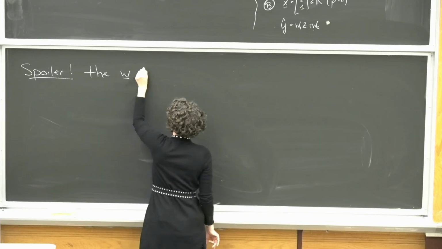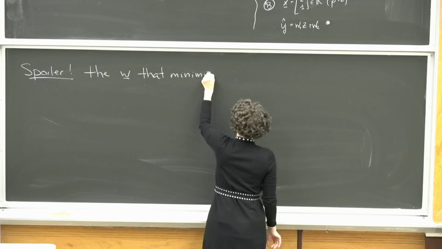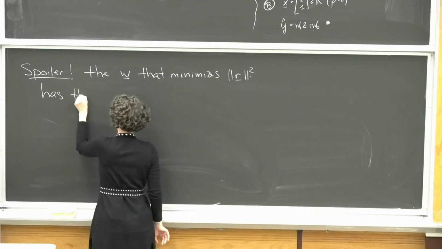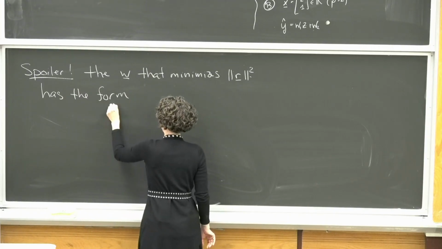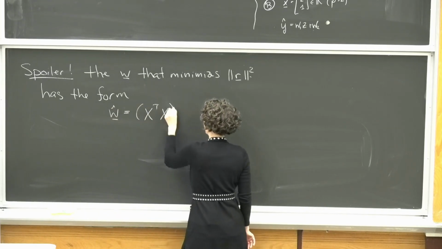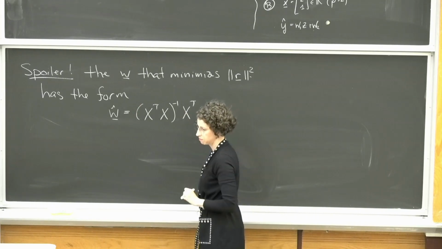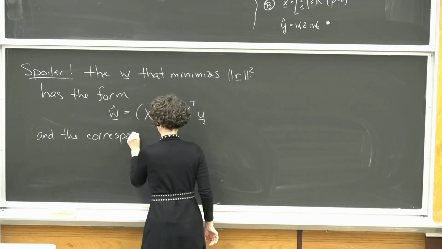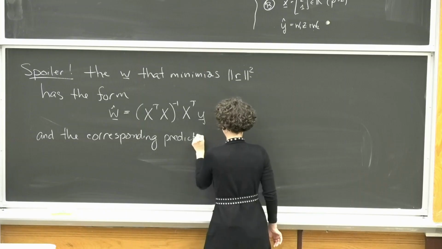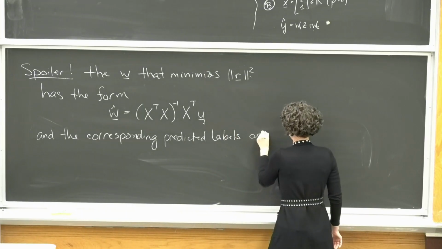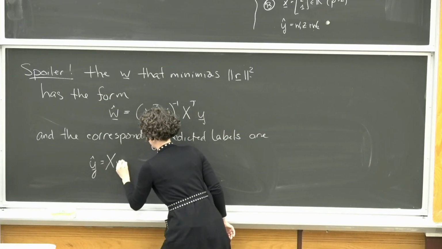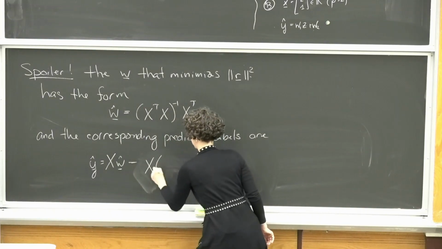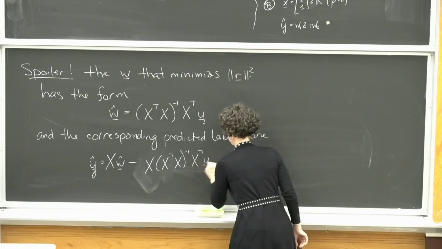The vector W that minimizes the sum of the squared residuals is going to have the form W hat is equal to X transpose X inverse X transpose Y. And the corresponding predicted labels can be written as Y hat is equal to X times W hat, which is the same as X times X transpose X inverse X transpose Y.